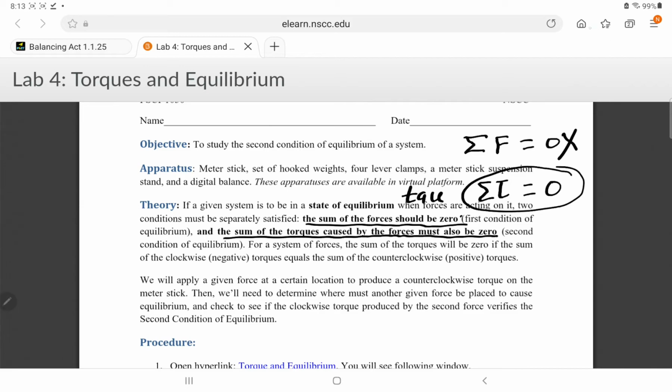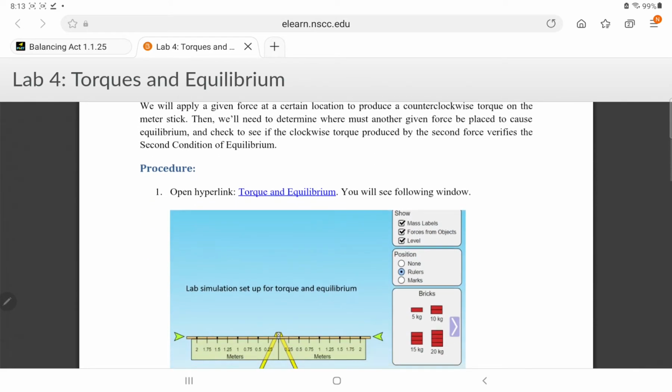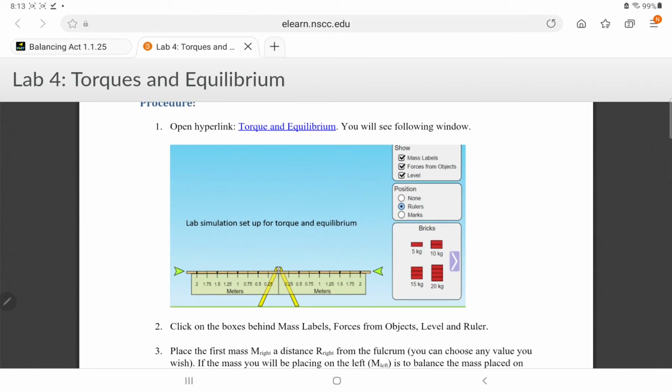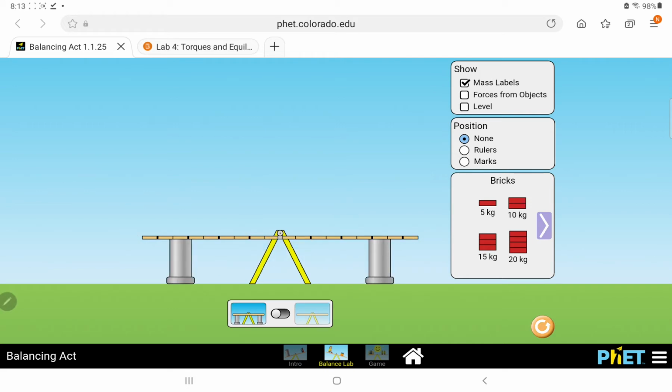To get started, go to the link given here and open the hyperlink, torque and equilibrium condition. Once you press on it, you will get this window. Let me refresh this one, and initially you will get this kind of window. Click on the boxes for the forces from the object's mass, and the labels.